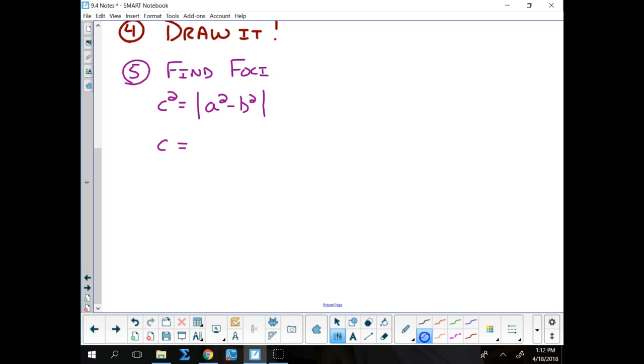It's the distance from the center to the foci. And if we jump back a little bit, Kenzie told us it's where? On the major axis.